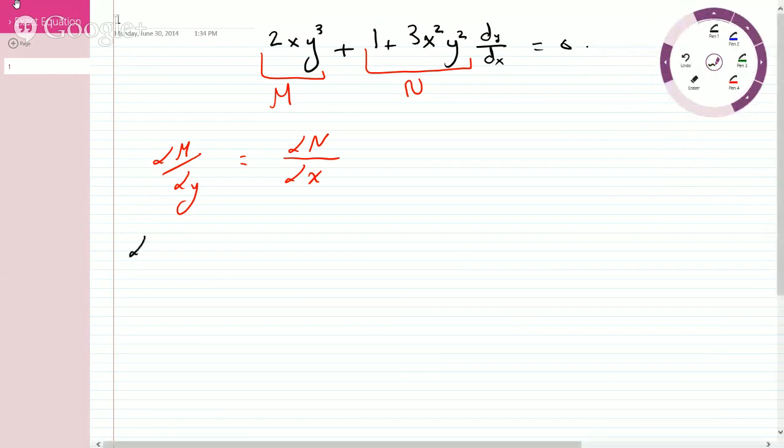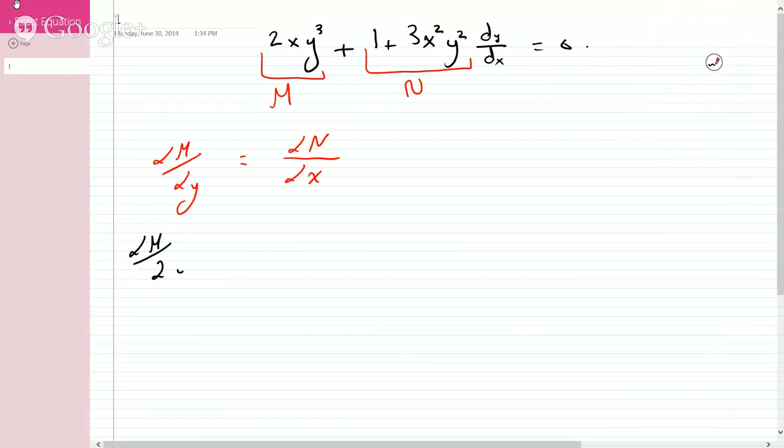So partial of M with respect to y. You fix the x, you differentiate with respect to y. So if x is held constant, you would get 6xy squared.